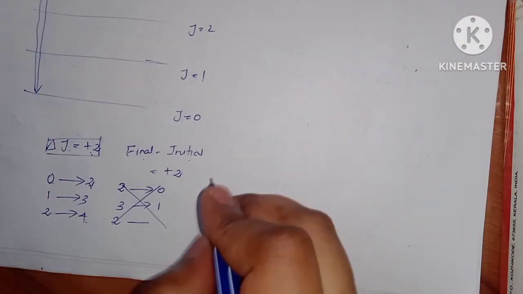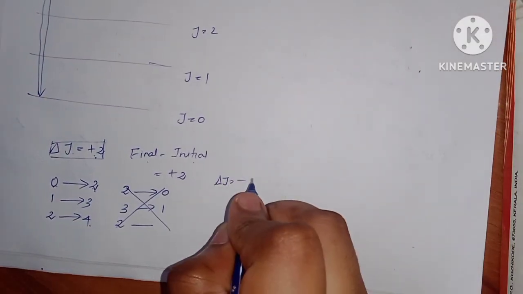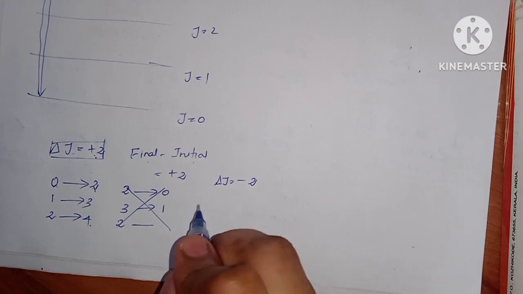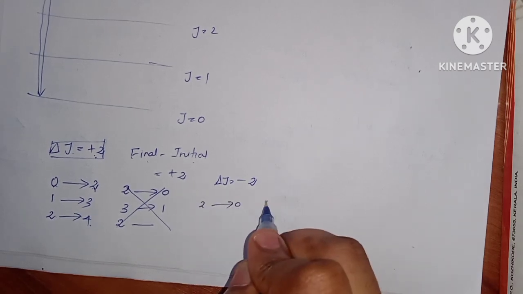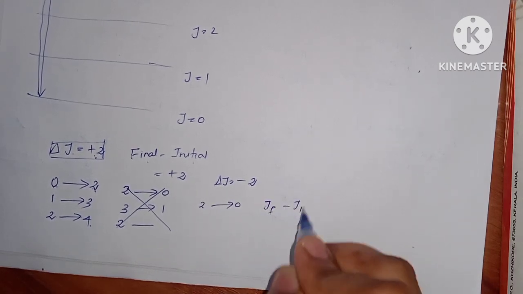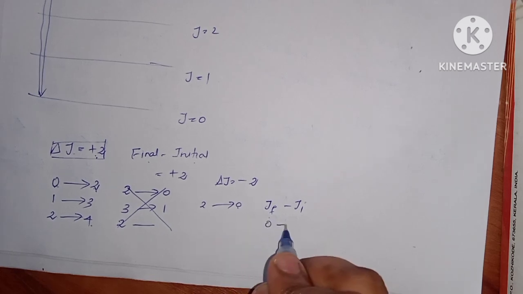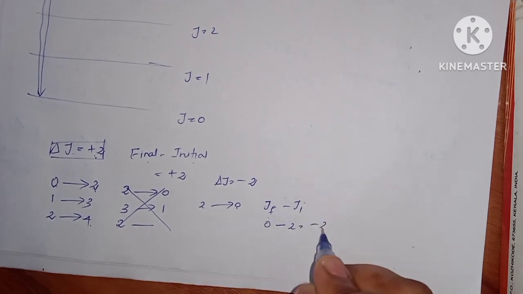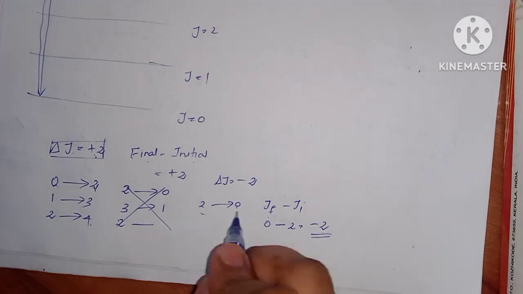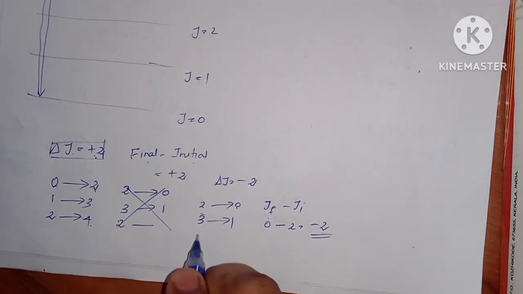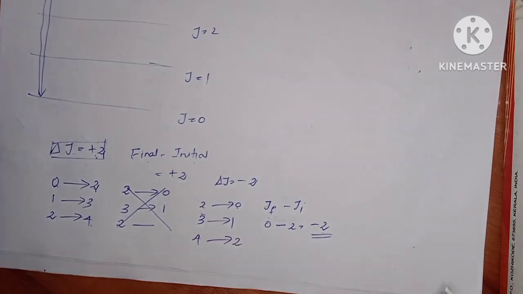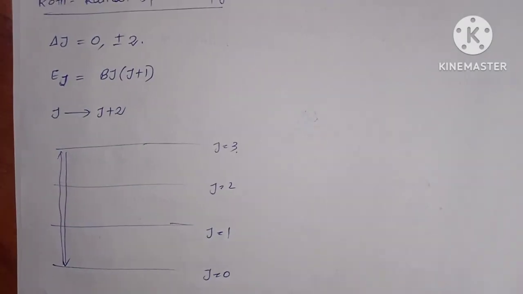For delta J minus 2, the transition is just the opposite. Minus 2 means 2 to 0, so J final is 0 minus J initial is 2, and delta J is minus 2. So 2 to 0, 3 to 1, 4 to 2. These are the transitions. Let's draw here.